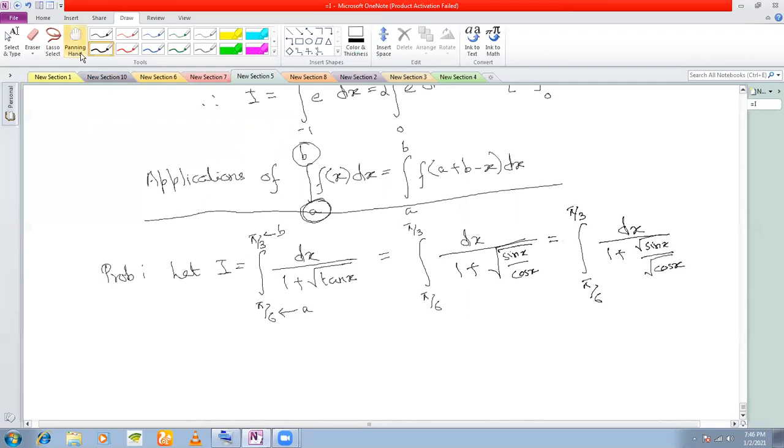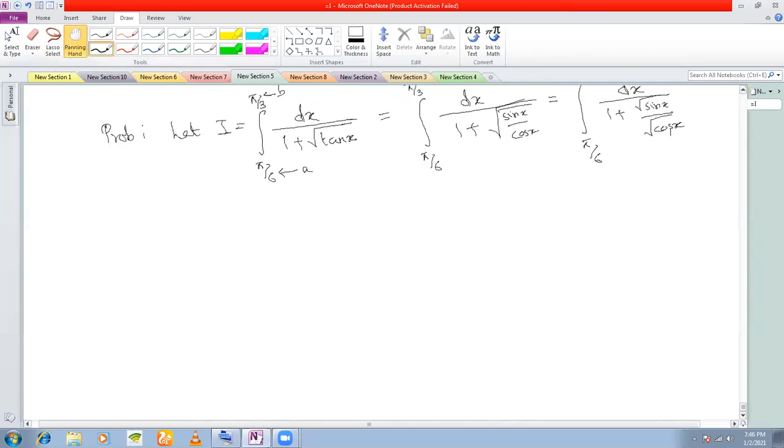In the next step, you take the LCM, just as we had done in the earlier problem also. Pi by 6 to pi by 3. Let us take the LCM in the denominator. If I take the LCM in the denominator, this becomes root cos x plus root sin x, whole divided by root cos x.